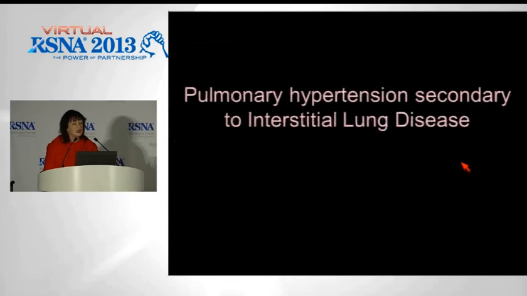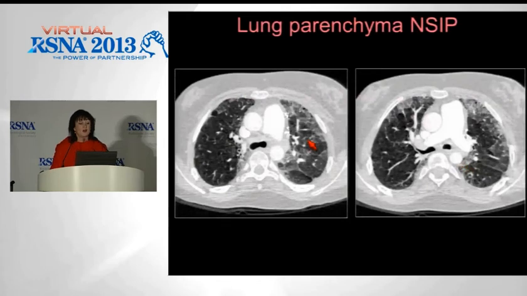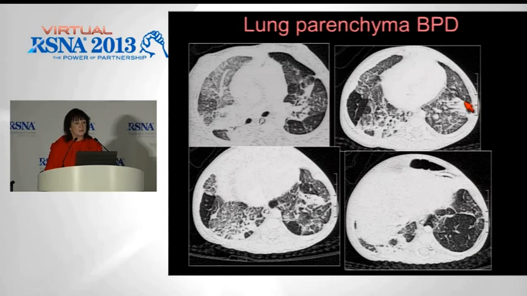Interstitial lung disease, a very rare cause of pulmonary arterial hypertension, but certainly does happen in patients with very advanced disease. And you can see these very dilated branched pulmonary arteries in a patient with peripheral paraseptal ground glass change, with little cystic changes in a patient with non-specific interstitial pneumonitis and connective tissue disease.